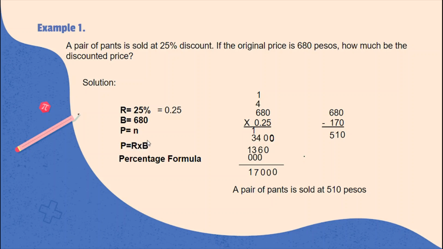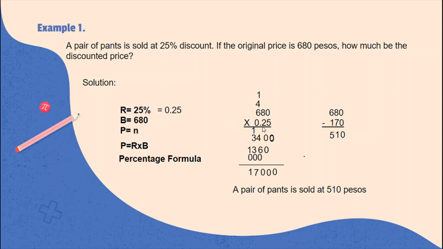Before we multiply our rate and base, first we need to change this 25% into decimal. To change this into decimal, just move our decimal point 2 places to the left. So 1 and 2. That makes it 0.25.